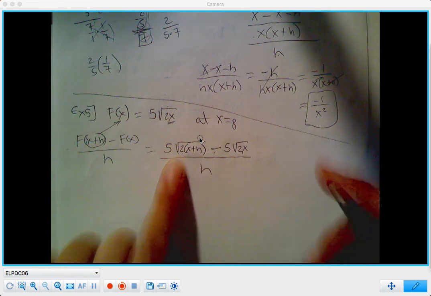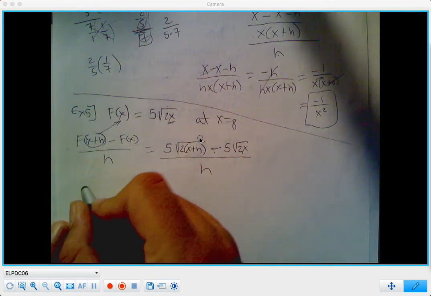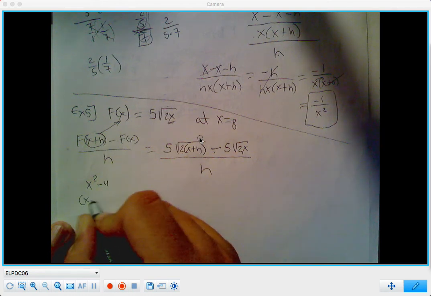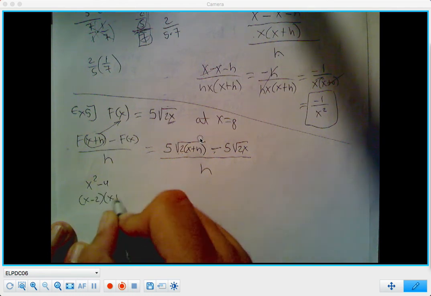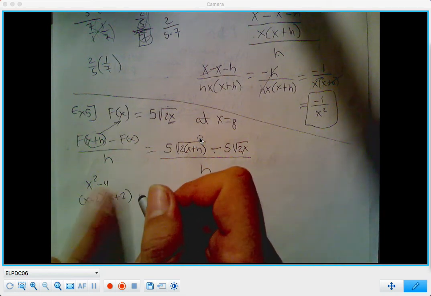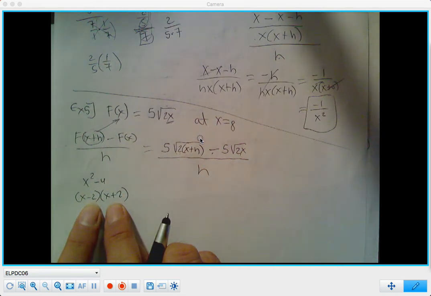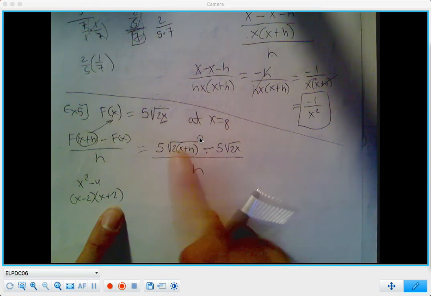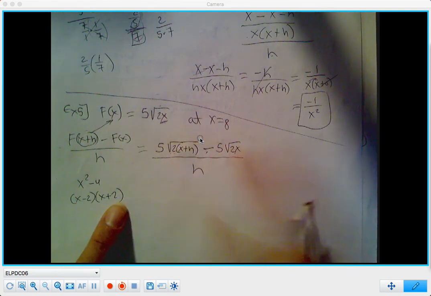Remember the difference of two perfect squares? So if you have x squared minus 4, it's the same thing as having x minus 2, x plus 2, the difference of two perfect squares. Okay, so we can flip this around. Because we have one with a minus, we put one with a plus, and then it becomes that.